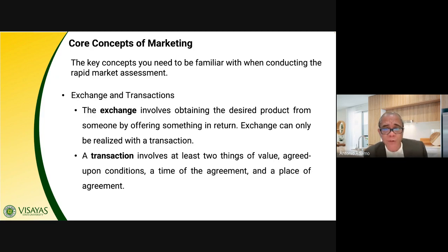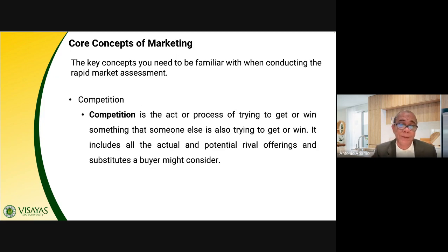The transaction involves at least two things of value: an agreed upon condition, a time of agreement, and a place of agreement. Where? Location, very important. Okay, another key concept is competition.